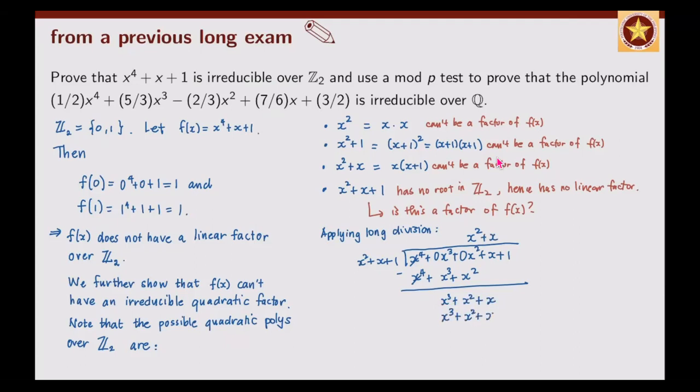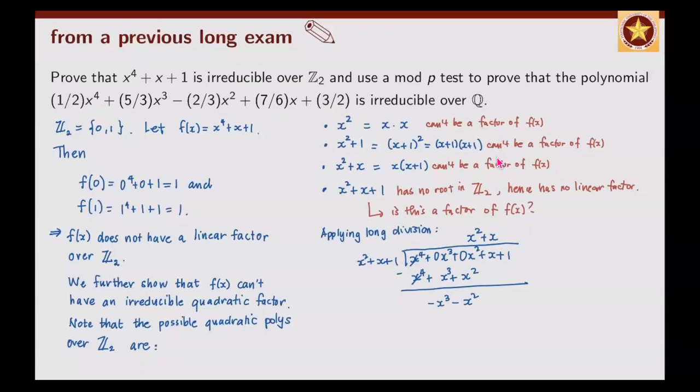Sir, di po negative x cubed minus x squared minus x? No? What? Yung dyan po sir, maging negative x cubed minus x squared. Okay. Negative x cubed minus x squared, ganyan?